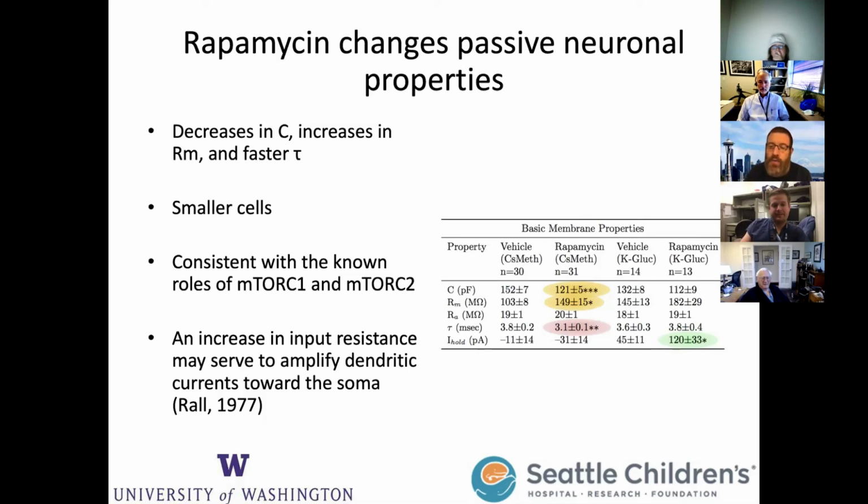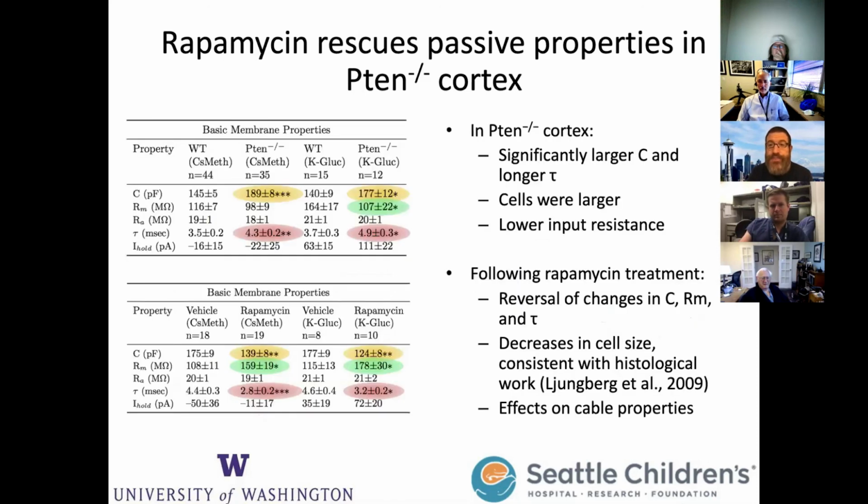A higher input resistance will result in higher voltage changes at the level of the dendrite that then get transmitted to the soma. And the way I would interpret that from like an epiphenomenon standpoint is that signals get louder when you give cells rapamycin and you drive down mTOR levels.